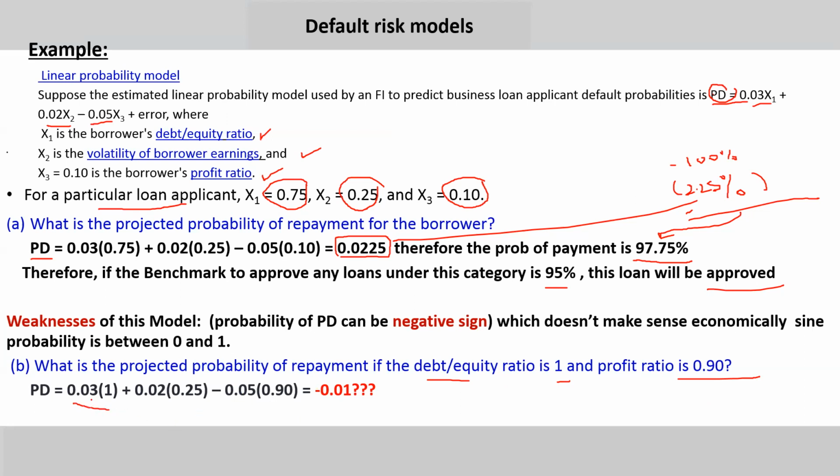So this is the debt, this is the standard deviation, which we get from up, and then we have the profit ratio. So in this case, as you can see, it is minus 0.1.